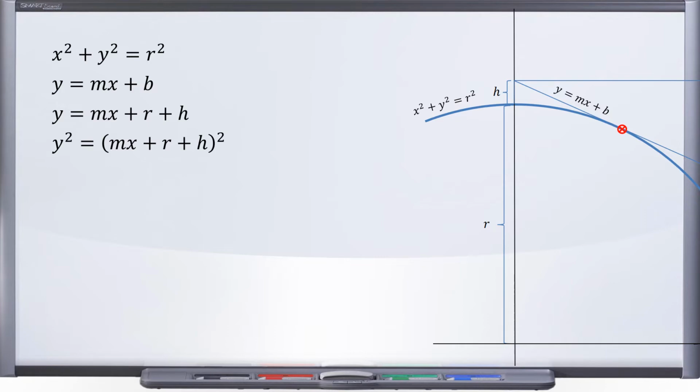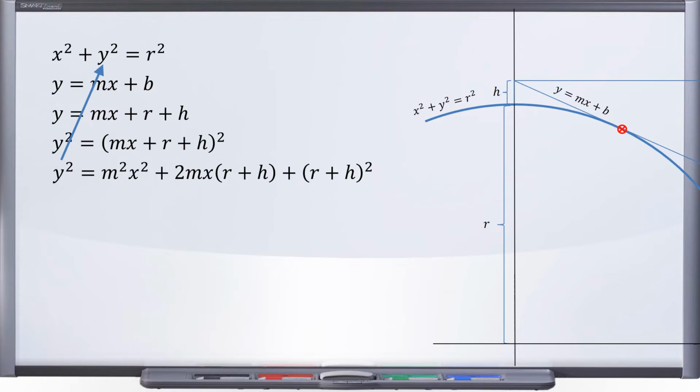Here we go. This equation has y squared, so I'm just going to square this one to make it conveniently the same. And let's expand that. Okay, got this. So now what I'm going to do is substitute this y squared in for that y squared, because that's simultaneous equations. Both of these equations must be true at this particular value of x and y.